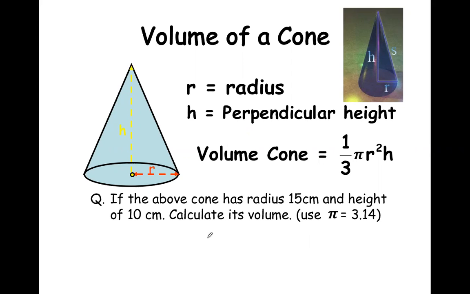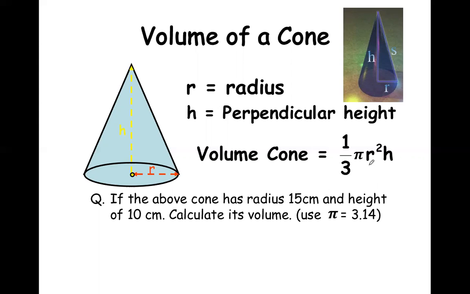To be honest, a multiplication with 3.14 is rare that you see it. They would be nicer, because where it says r square, they would have given you 15.